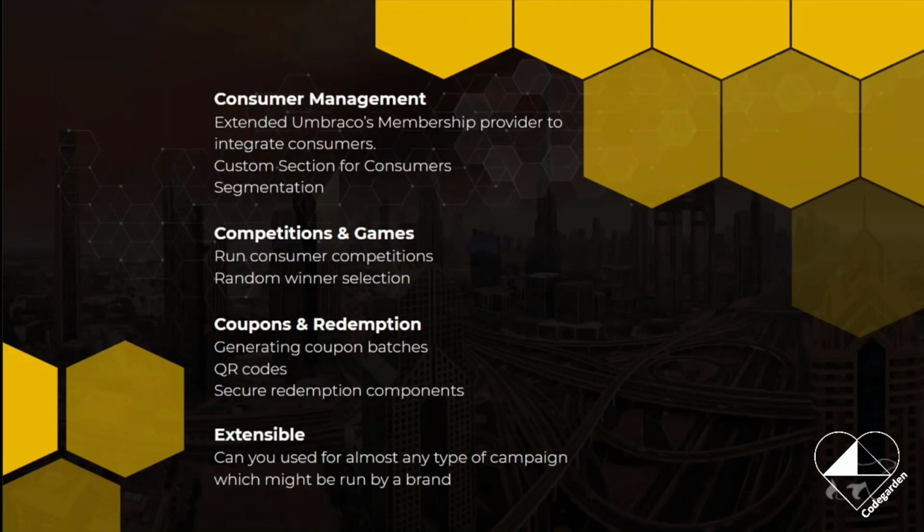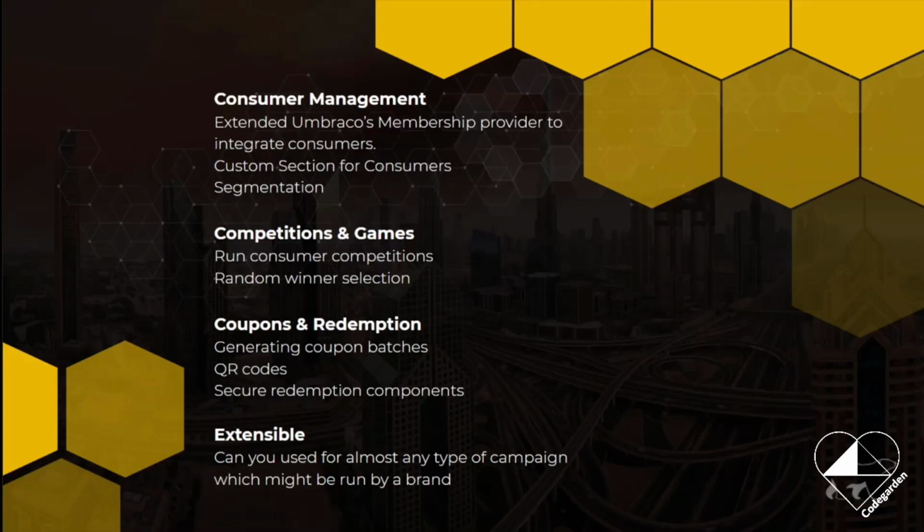So I've taken you over the campaign builder tool, and that's very much building a campaign. There are so many extra parts to the campaign tool itself that allow it all to come together. So for example, there's a whole consumer management section where you can edit consumers, you can see their brands, you can see brand activity, you can start to segment data like you would within MailChimp or Dotmailer.